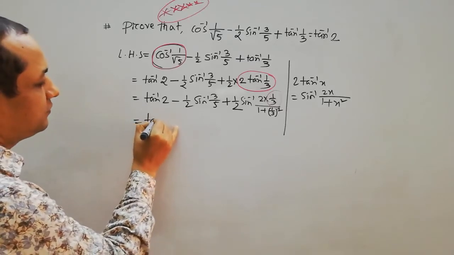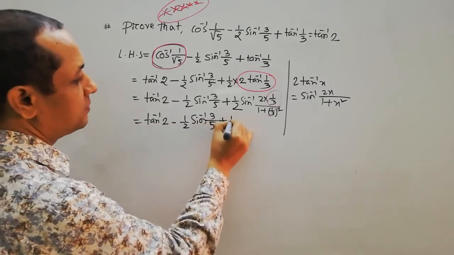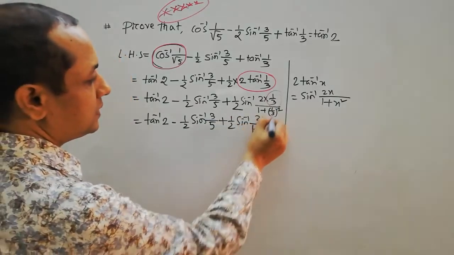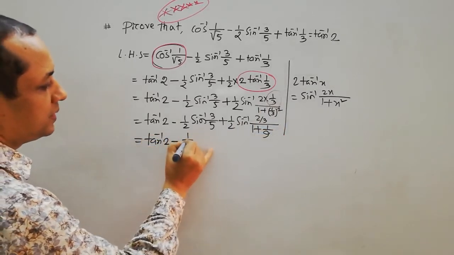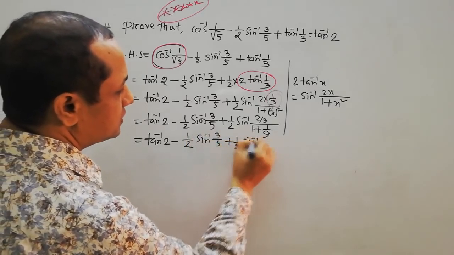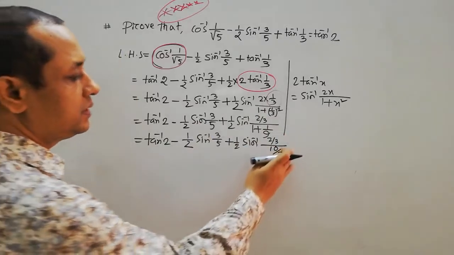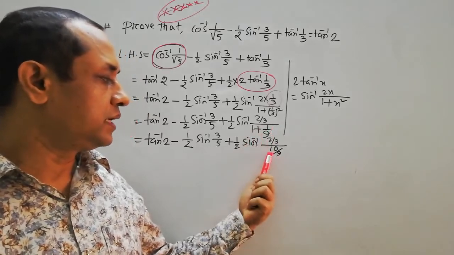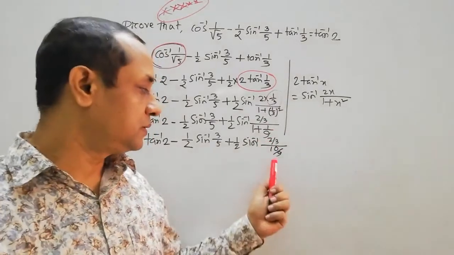Then we get tan inverse 2 minus half sine inverse 3 by 5 plus half sine inverse. The numerator will be 2 by 3 and the denominator 1 plus 1 by 9: LCM 9, so 9 plus 1 is 10, and the denominator will be 10 by 9.